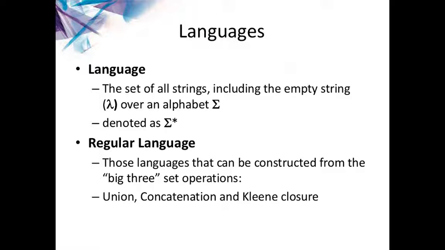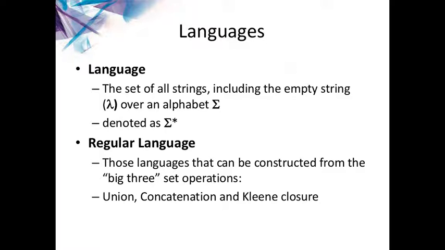So now that we know what a language is, let's define what a regular language is. A regular language is a language that is built with the main 3 operations that would be the union, the concatenation, and what we call the Kleene closure. Union, concatenation, and Kleene closure. The union we know.